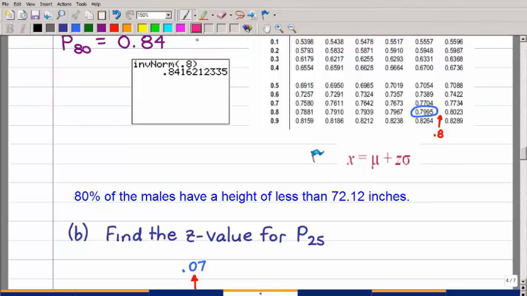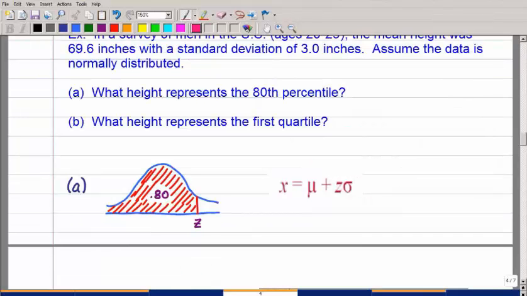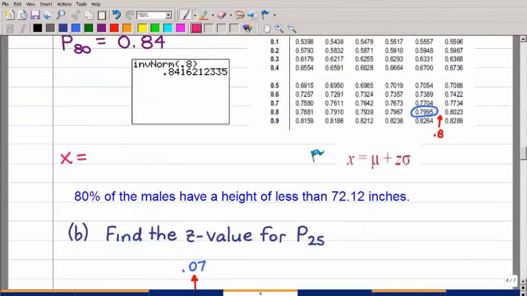So X will equal, back up here, 69.6, the mean, plus z that we just found, 0.84, times the standard deviation, which is 3.